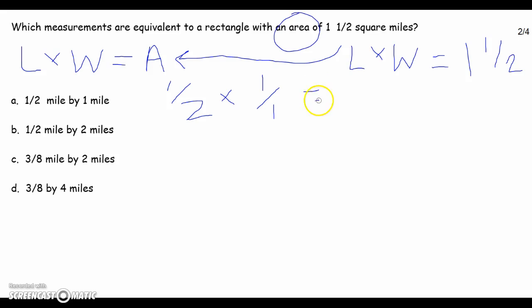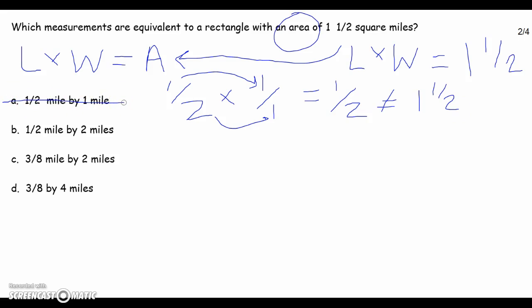Here we don't have any diagonal relationships, so we just multiply 1 times 1, that gives us 1, and 2 times 1, which gives us 2. So we end up with 1/2. 1/2 is not equal to 1.5, so we now can mark off letter A.